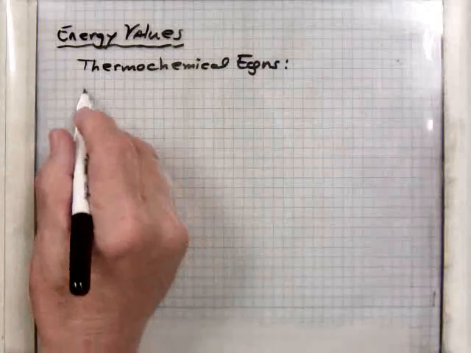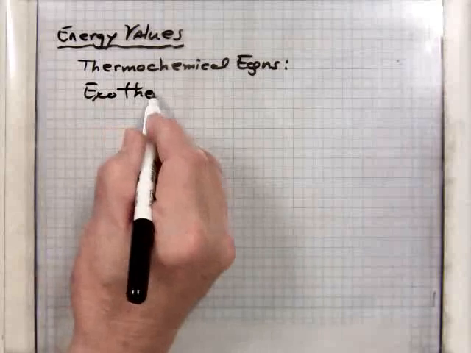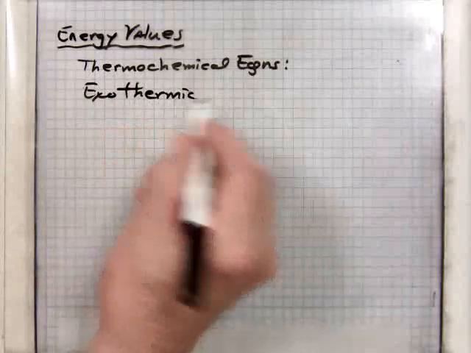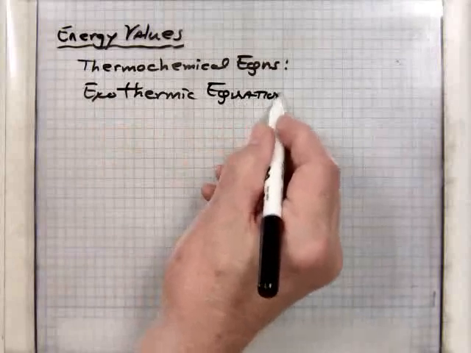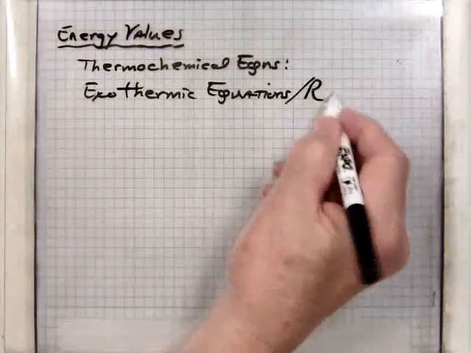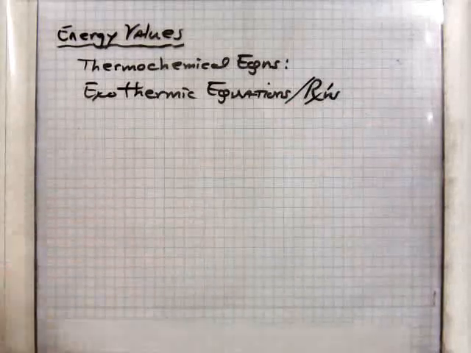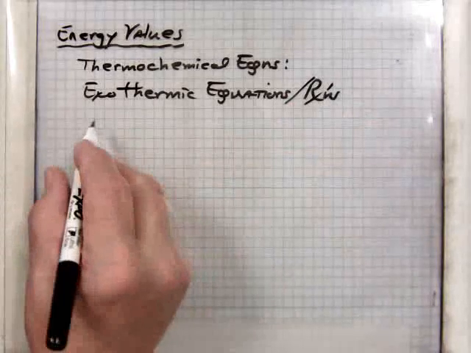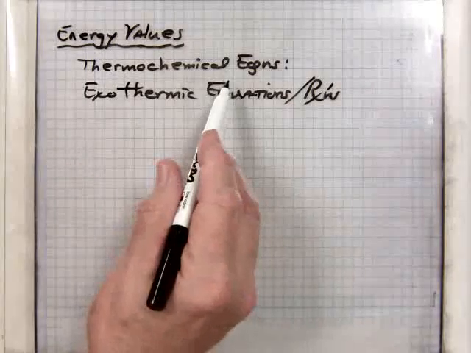Let's start with the exothermic format. Now, the ammonia reaction is an exothermic reaction, and there are two ways to write the thermochemical equation.